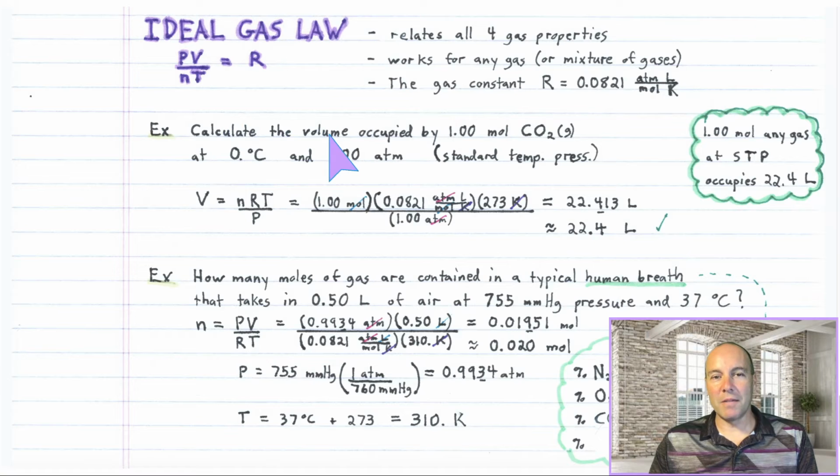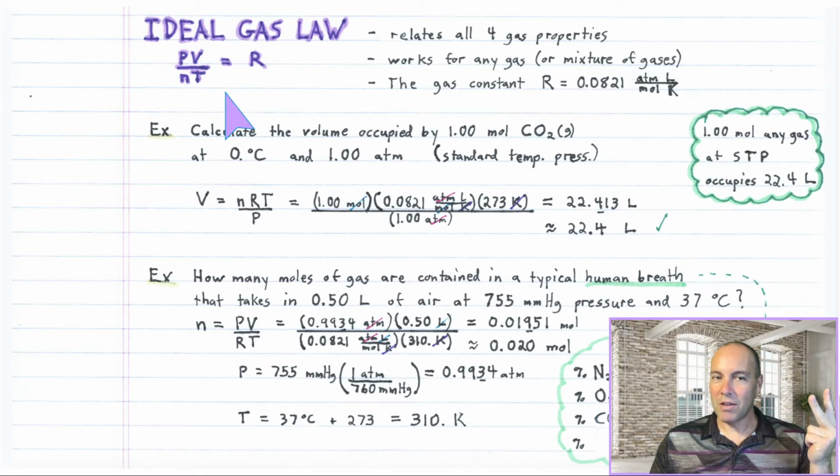Let's calculate the volume occupied by 1 mole of CO2 gas at 0 Celsius and 1 atmosphere. Now, notice that you're told the number of moles, n, the temperature, T, the pressure, P, and you're asked for the volume.